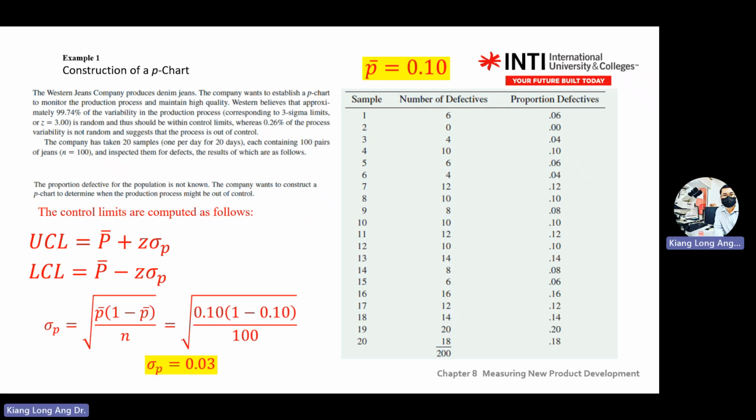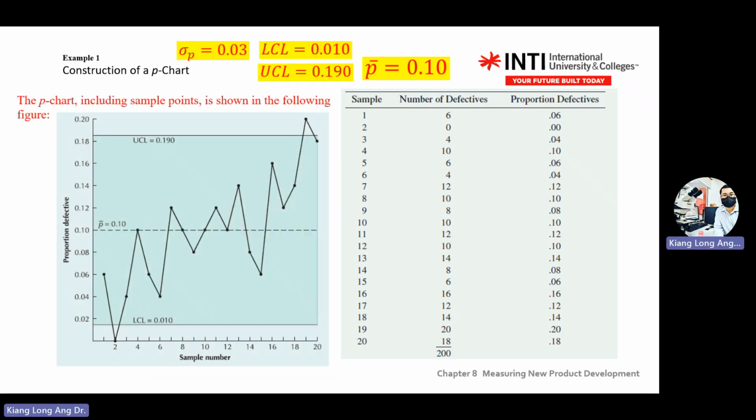Okay, so once you get the numbers, this is the expected answer for tutorial question number 1. After you plot the chart, the next question you will see is what happened to this chart.